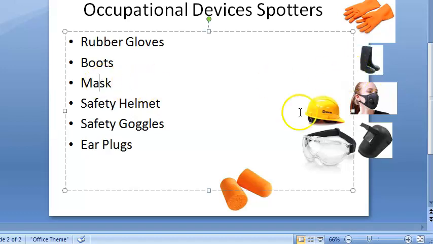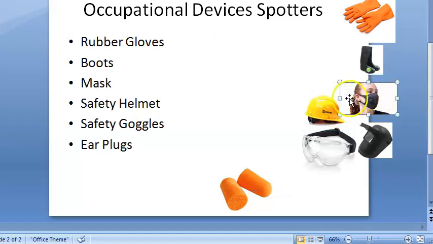Then the mask, for pollution and prevention from tuberculosis and influenza. Safety helmet, which protects not only against mechanical hazards but also thermal and electrical hazards. And safety goggles, which protect against fumes, toxic substances, welding sparks, etc., even dust.